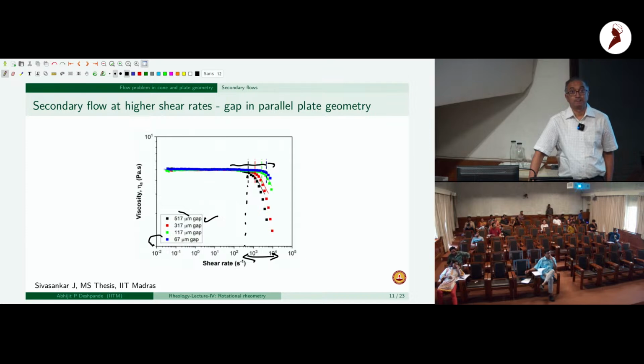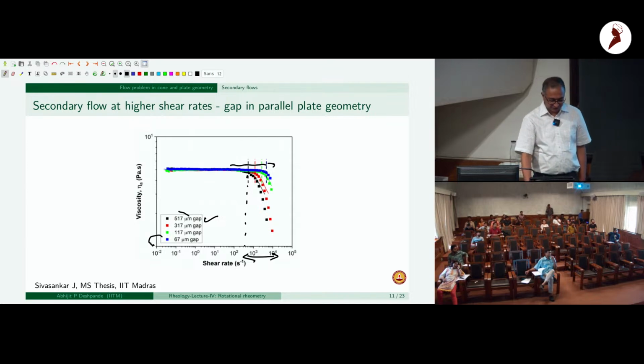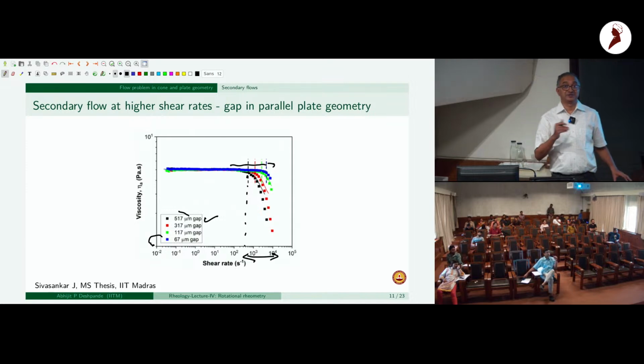Yeah. So in this case, if I ask what is the ideal gap for measurement of the viscosity, then what might be the answer? No, so the question is the other way. For viscosity measurements, I think all of them are doing reasonably. But let's say I am interested in knowing whether this fluid, which is basically some silicone oil, which implies that it's a short chain molecule, may show non-Newtonian behavior at very high shear rates.